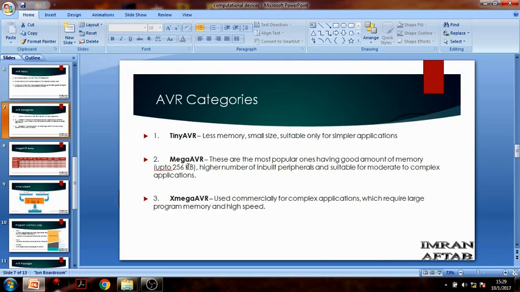And if you want to make a project of average size or average features, then you can go with the mega AVR. It has a good amount of memory, up to 256 KB, a higher number of inbuilt peripherals, and is suitable for moderate to complex applications.